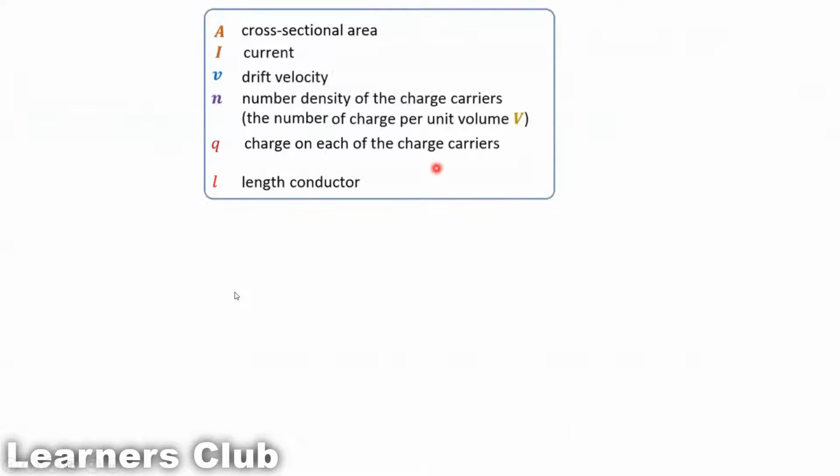So I have summarized it. A stands for the cross-sectional area, I stands for the current, v is drift velocity, n is number density of the charge carriers, in other words, the number of charges per unit volume. q stands for charge on each of the charge carriers, L for the length of the conductor.